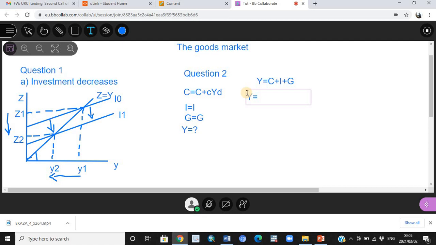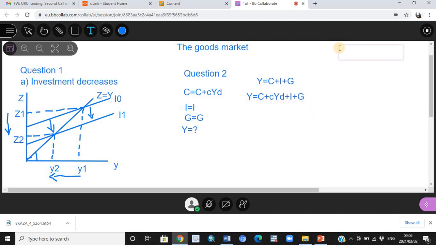We know now that consumption is equal to C plus CYD, right? Plus I plus G. Okay, we move on. We know that YD is equal to something. I'm just going to use this as my draft.